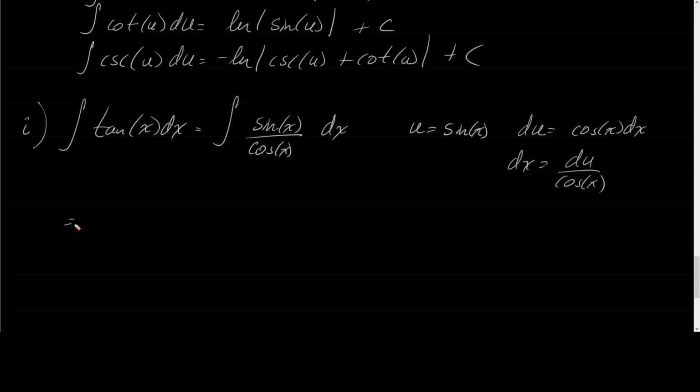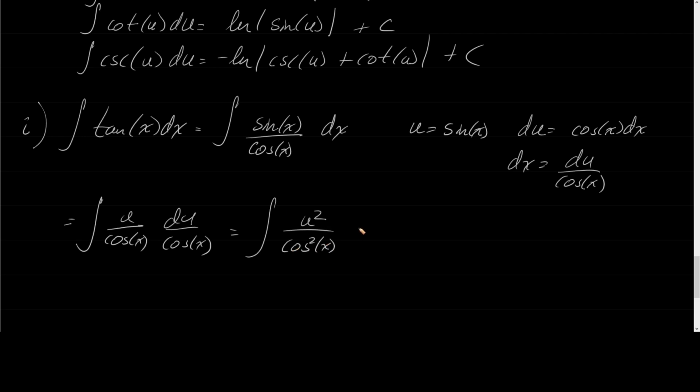And then what does this become? Well, this becomes the integral of sine. Sine was our u over cosine. Cosine was not used at all for a substitution. Dx, that was du over cosine of x. So what we really have here is the integral of u over cosine squared of x du.